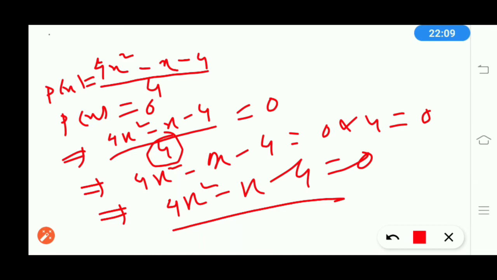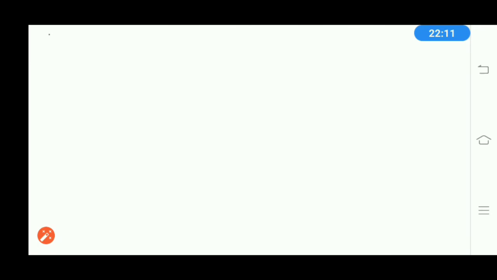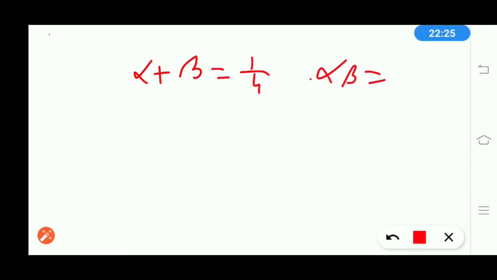Okay, now if you write in this form, that means simply alpha plus beta equals 1 by 4 and alpha beta equals -1.